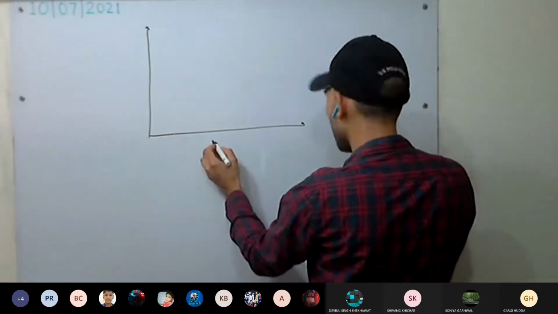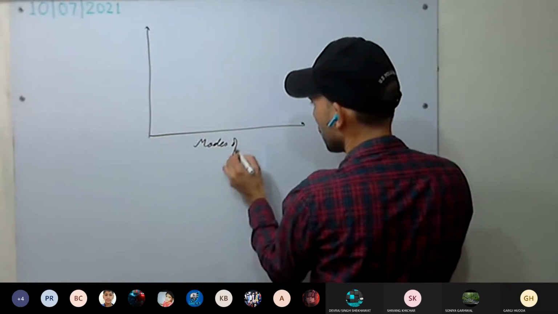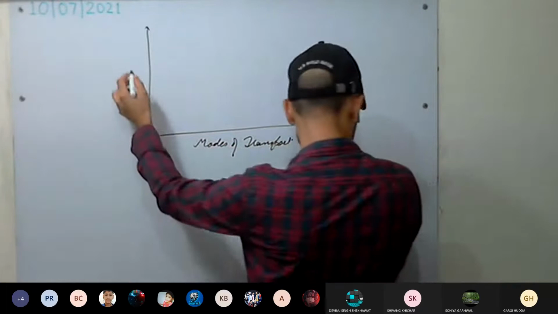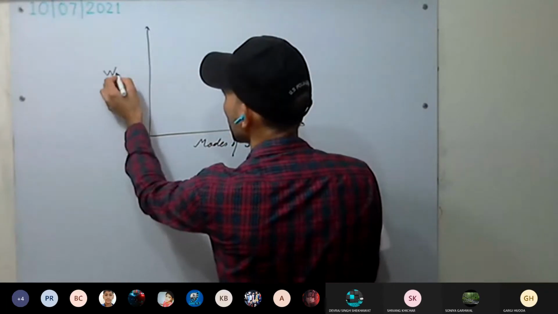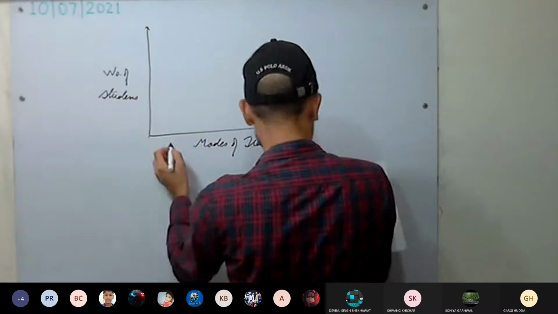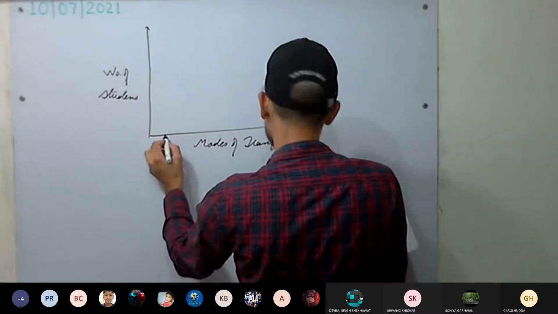Here we have the modes of transport, and here we have the number of students. First is bus. Bus is 200.